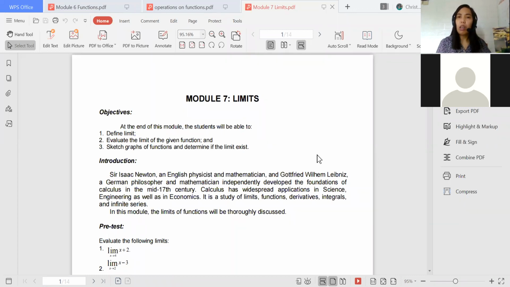Sa iba may T, pero okay din yung walang T na Leibniz. It's just the same. Calculus has widespread applications in science, engineering, as well as in economics. So it is a study of limits, functions, derivatives, integrals, and infinite series. So in this module, the limits of functions will be thoroughly discussed.